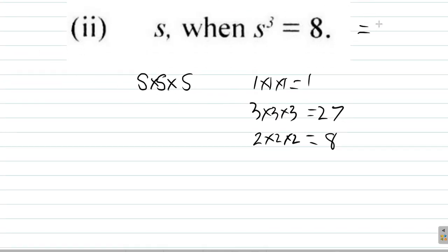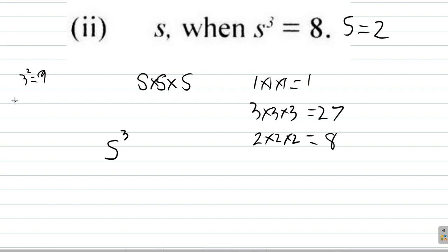We find that the number is 2. But another way you can think about it is, say you have x to the 3. How do you go from x to the power 3 to x? It's the same thing as if you say 3 squared equals 9. When you go from 3 squared to 3, you have to do something to 9 to get 3.